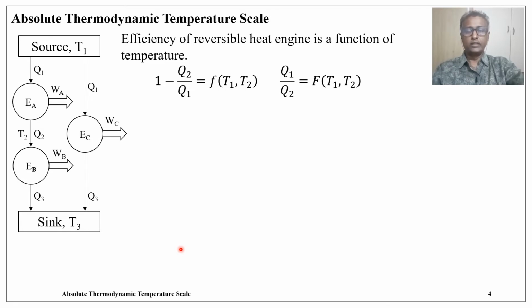Engine A receives heat Q1 from the source at T1 and rejects heat Q2 at temperature T2 to engine B, which in turn rejects heat Q3 to the sink at temperature T3. Both engine A and B deliver work.